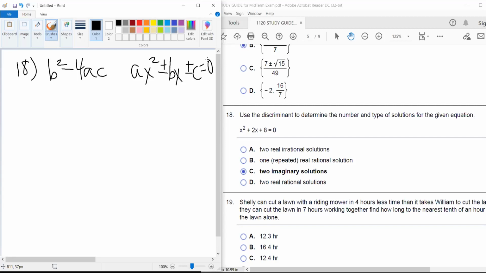Let me go over the possible scenarios. If your discriminant is greater than 0, then expect 2 rational solutions.